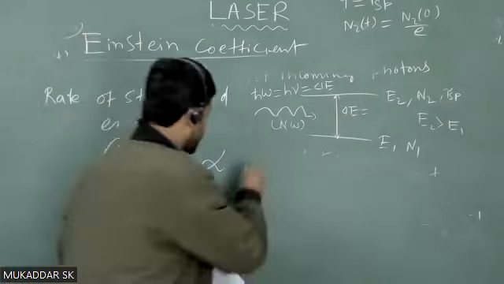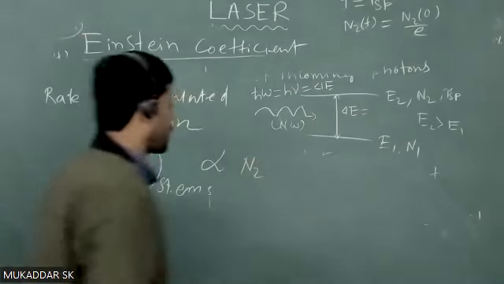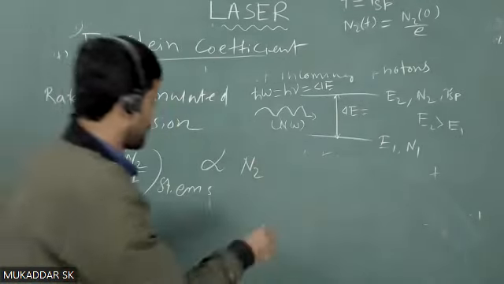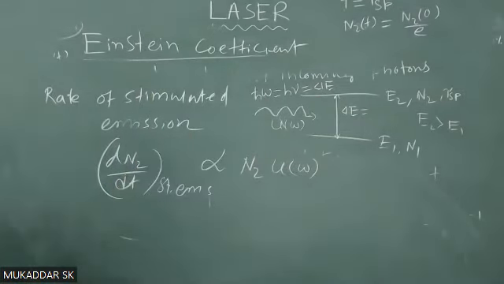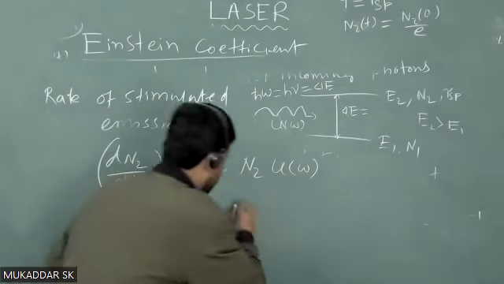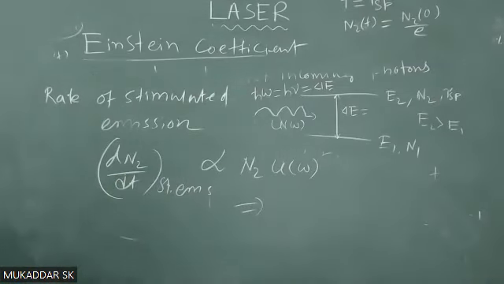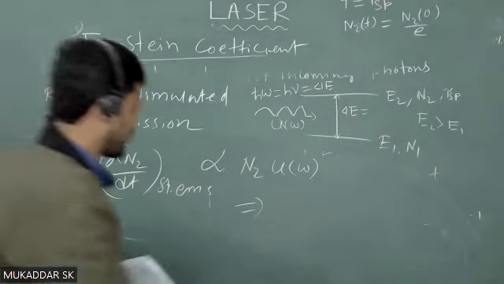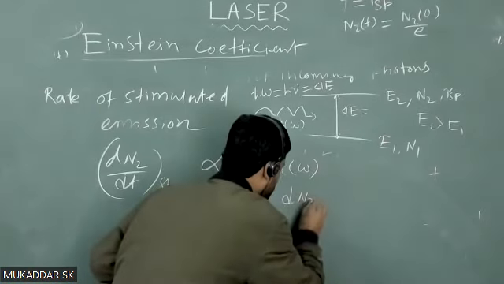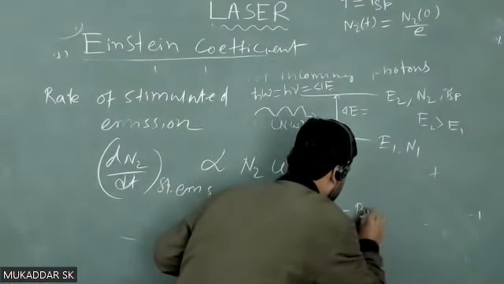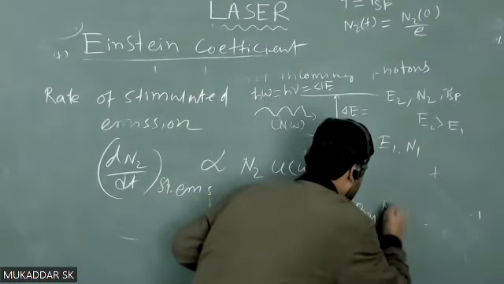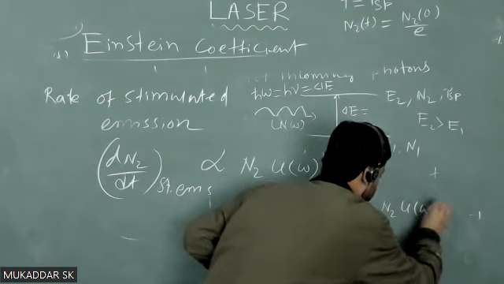That will be proportional to the number of population at E2 as well as the energy density of the incoming photon. So further, if I remove this proportionality constant, I can write dN2 by dt should be equal to minus B21 N2 U of omega.